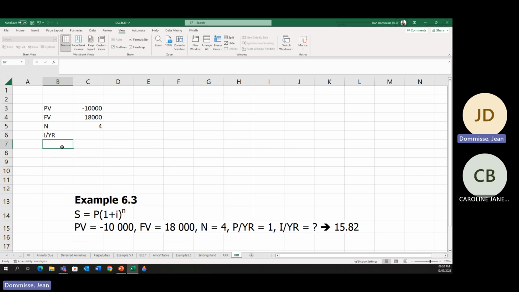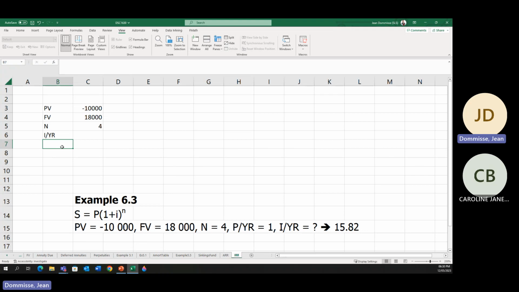Okay, so on your financial calculator, we would have said minus 10,000 present value. We would have said 18,000 future value.